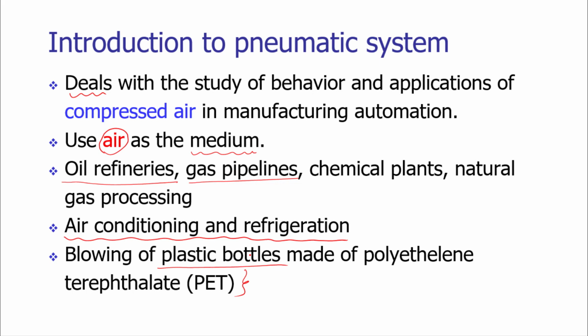When we blow the material, that blown material will take the shape of the cavity which is provided. In this way we can utilize compressed air for a variety of applications.